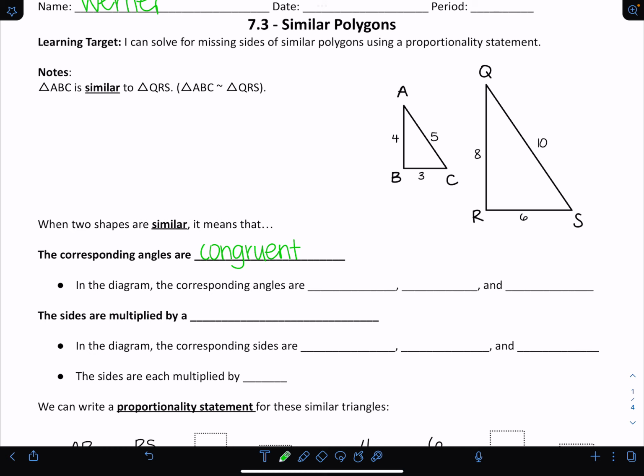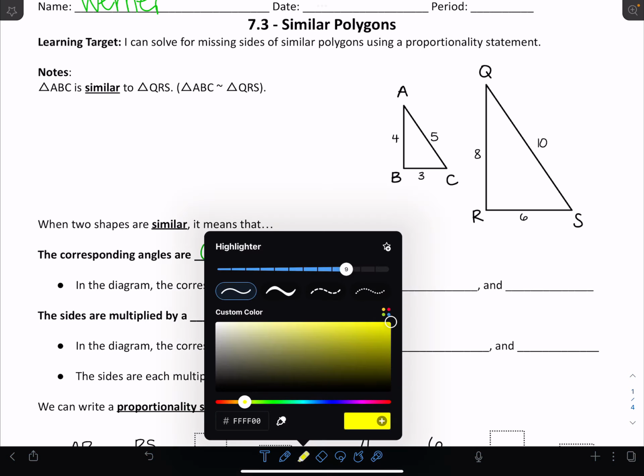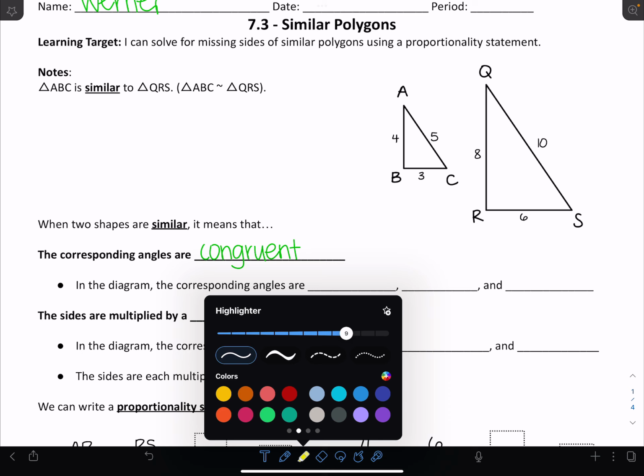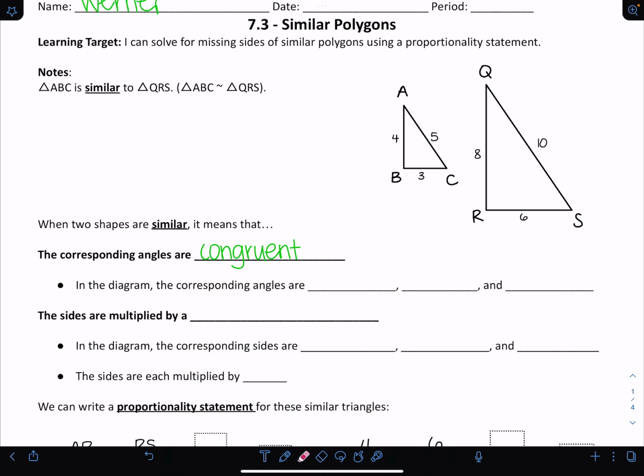This is a term that came up a couple of units ago, but in case you forgot, the corresponding angles are the ones that match up in the shapes. So if I take my highlighter and highlight this angle here, that matches up with angle Q here.